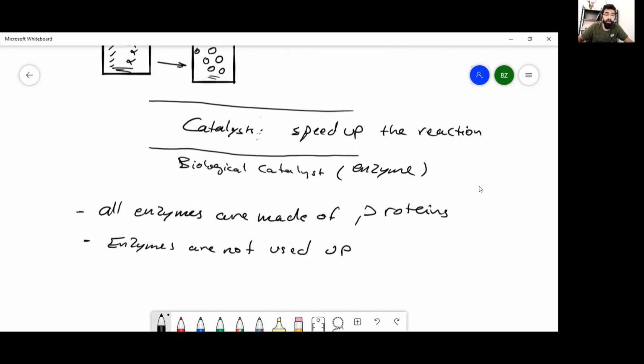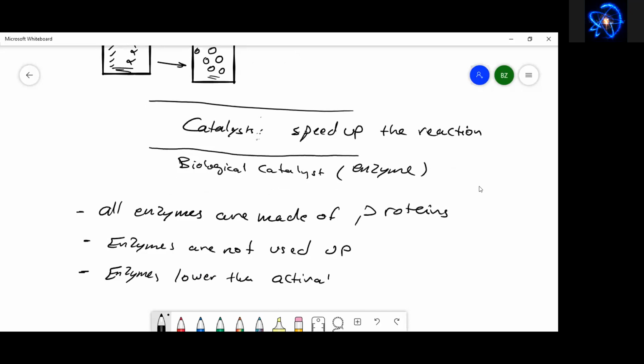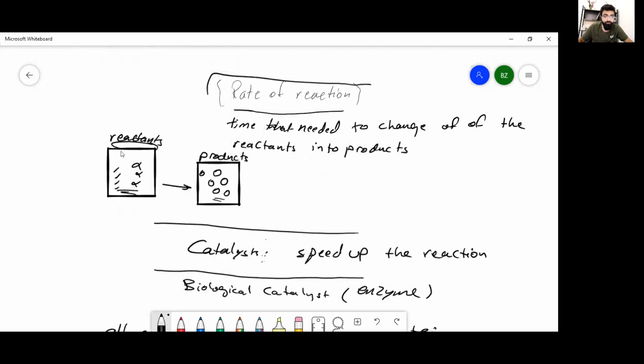How do enzymes speed up the reaction? Look at this, very important. Enzymes lower the activation energy. Now we know that reactants need activation energy to change to products.